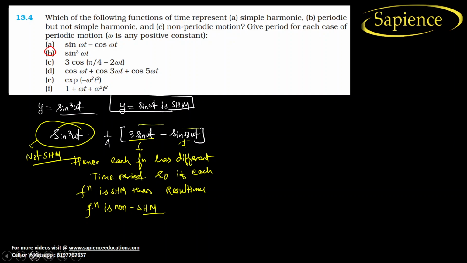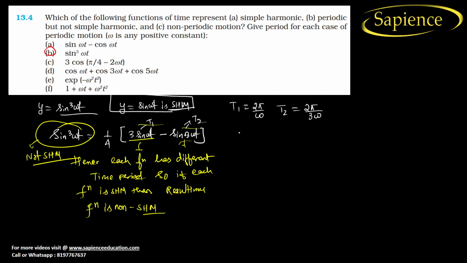Suppose the first function has time period T1 and the second has time period T2. Time period T1 is equal to 2 pi by omega. And T2 has a time period of 2 pi by 3 omega, because the suffix is 3 omega.